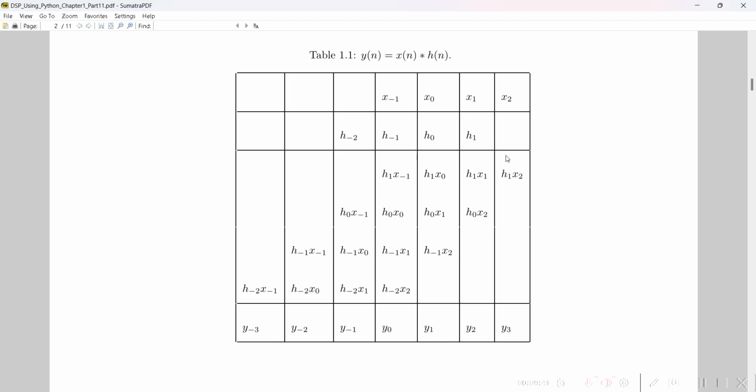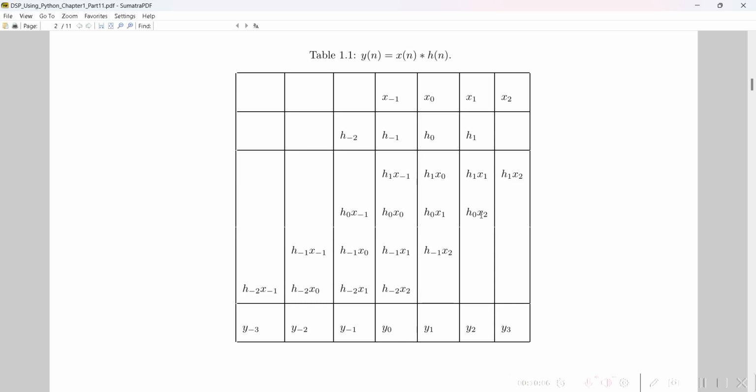Again, the rightmost input index x2 plays with the rightmost impulse response h1, then the sample before it, x1, plays with h1, and x0 and x minus 1 all play with h1.